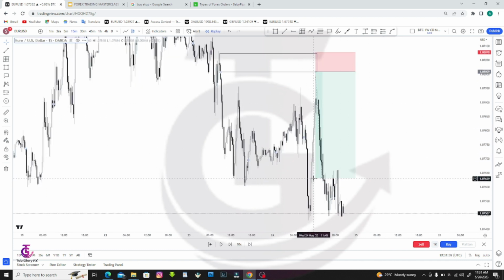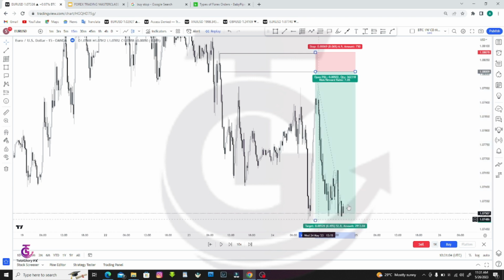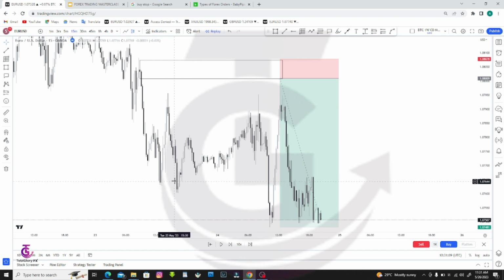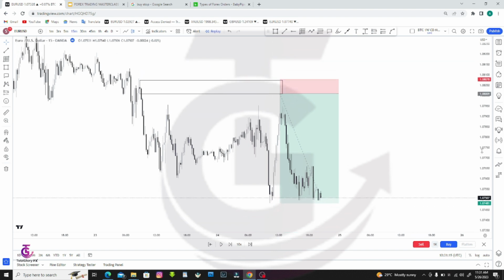My take profit. I am out. Instead of waiting for price to start doing this and waiting for price to get here before I sell, I don't have much time for that. But since I know there will be a sell from here, that's the help of sell limits.